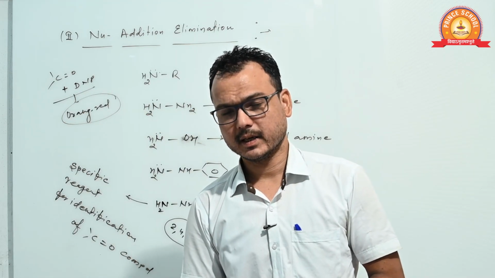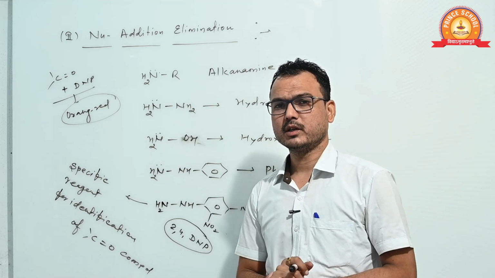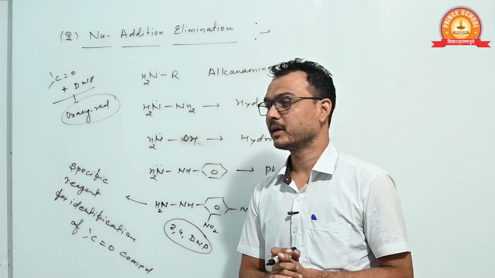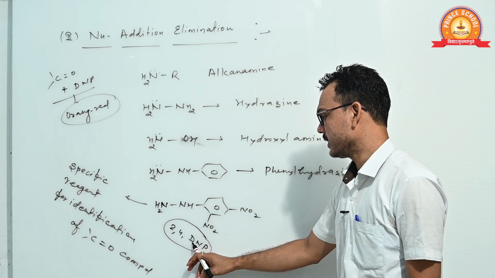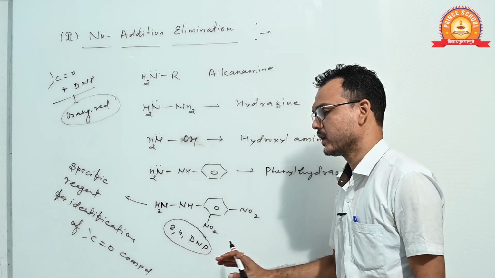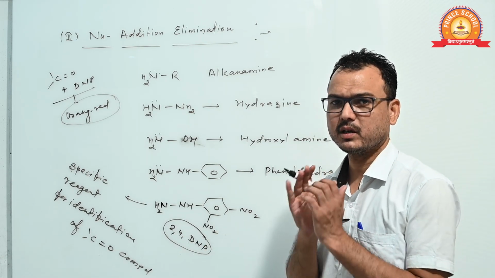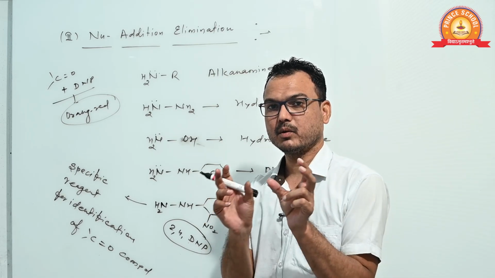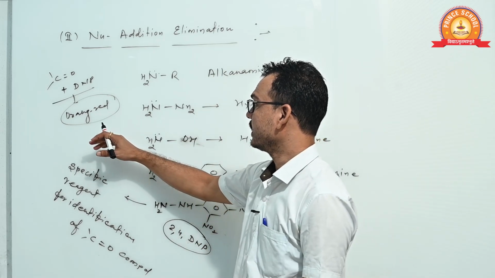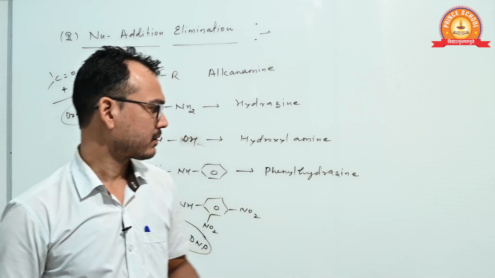Suppose the examiner asks for the name of the specific reagent by which we can identify a carbonyl compound, then you write 2,4-dinitrophenylhydrazine. It is a specific reagent for the identification of carbonyl compounds. When a carbonyl compound reacts with DNP, it gives an orange-red color.